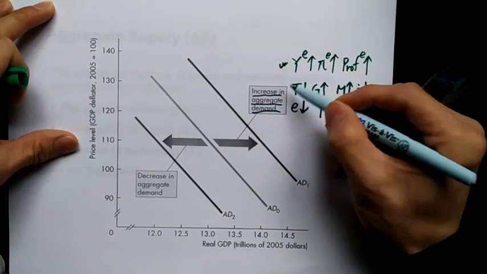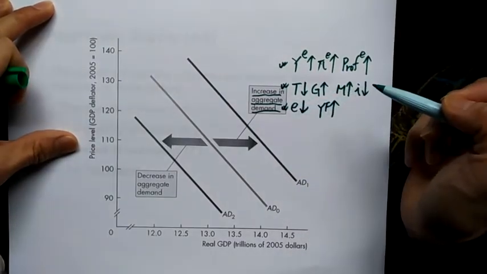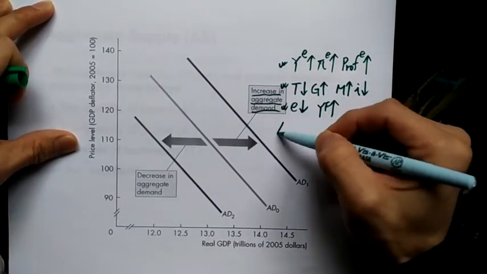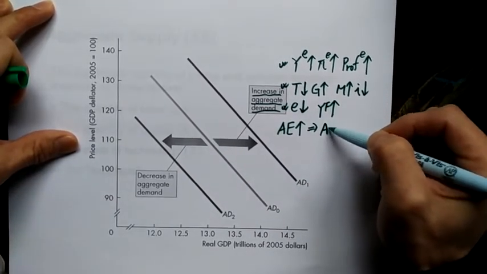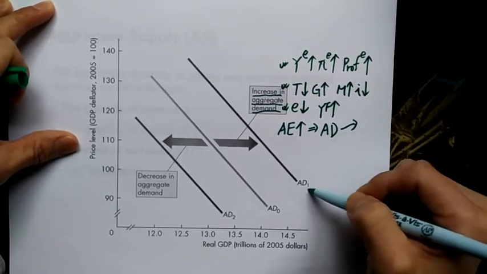So these three categories will all increase aggregate expenditure and shift the aggregate demand curve to the right.